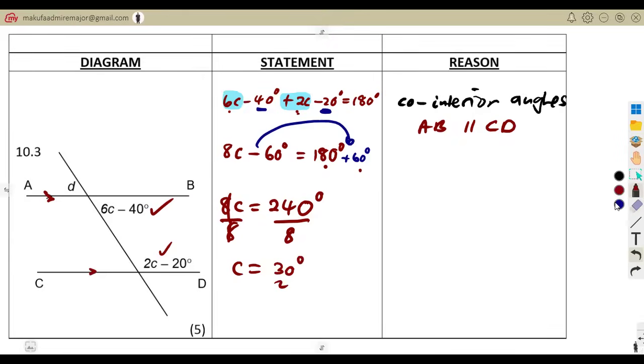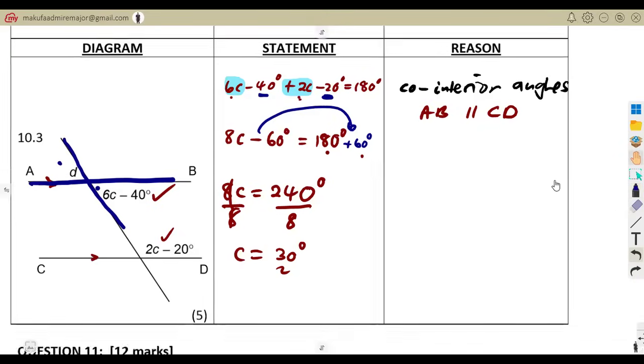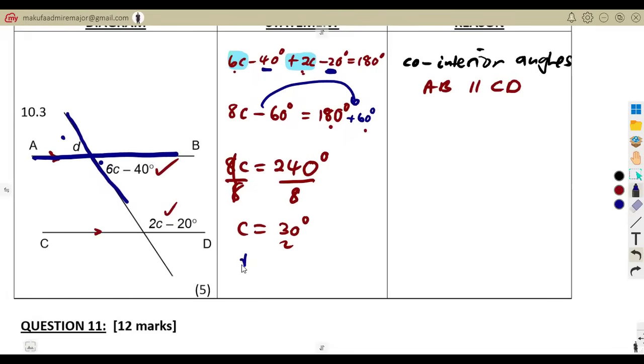So knowing the value of C, we can now determine the value of D because these are vertically opposite angles. Remember, vertically opposite angles are equal. So angle D is equal to 6C minus 40 degrees. These are vertically opposite angles. All right, vertically opposite angles are equal.